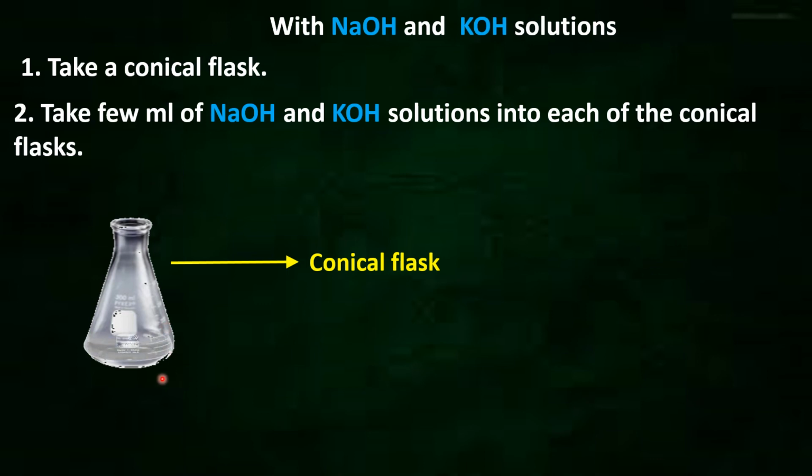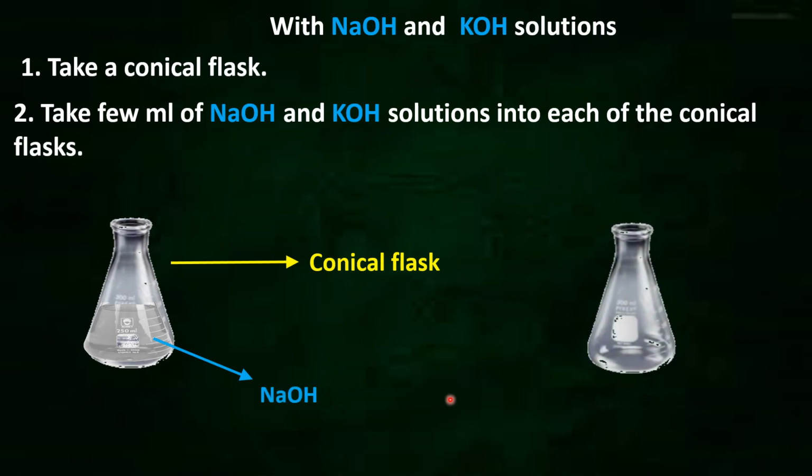So here this is the sodium hydroxide solution. All of them are colorless solutions only. Okay, this is sodium hydroxide, and in this we'll take potassium hydroxide solution. Okay, so this is the potassium hydroxide solution.